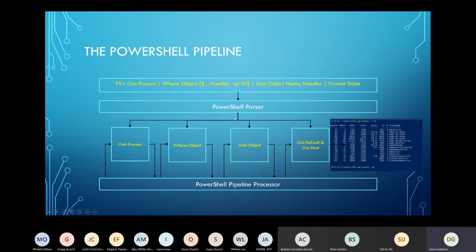Now, I'm going to focus in a little bit on Out-Default right before you get to see the display. The formatter has a selection process that it goes through. The first thing it needs to do is see if there's actually a predefined view in PowerShell that's associated with that object.